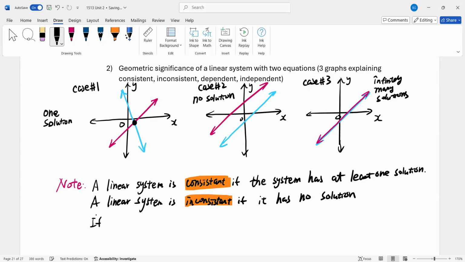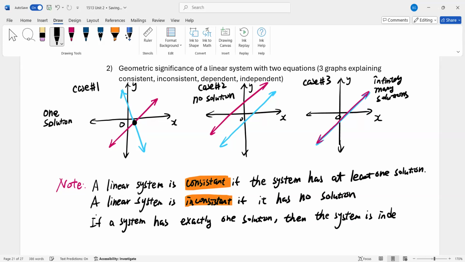If a system has exactly one solution, then the system is independent. That's what it means for a system to be independent.